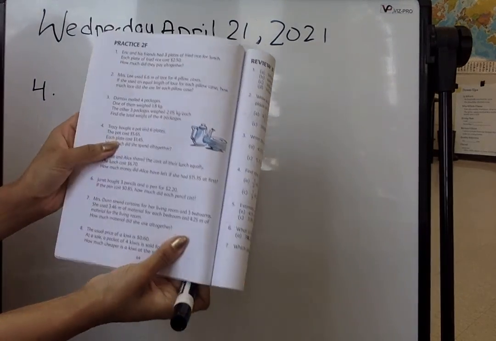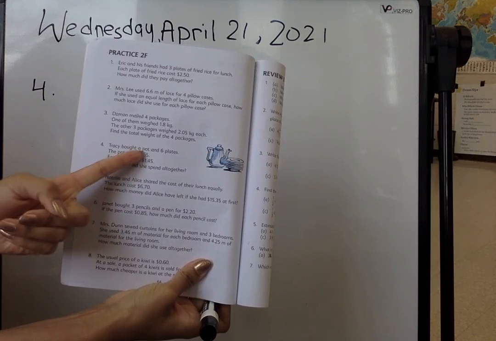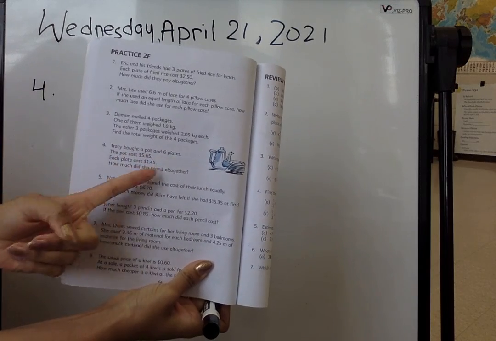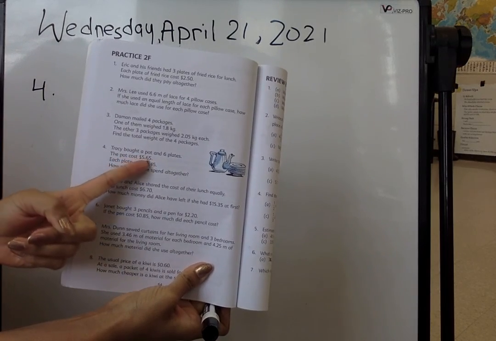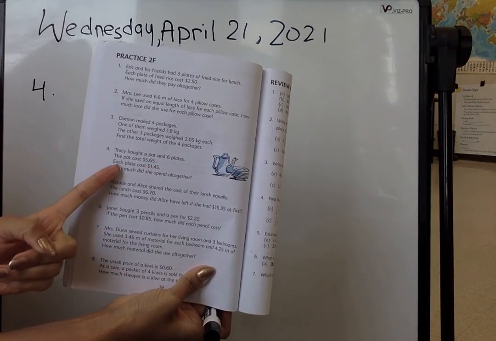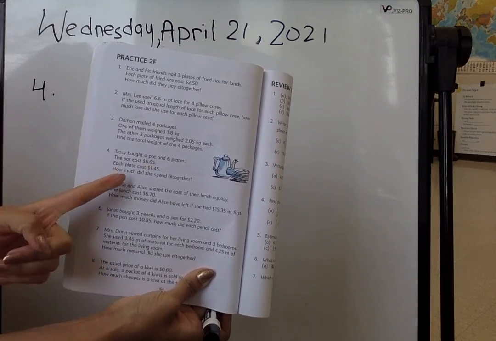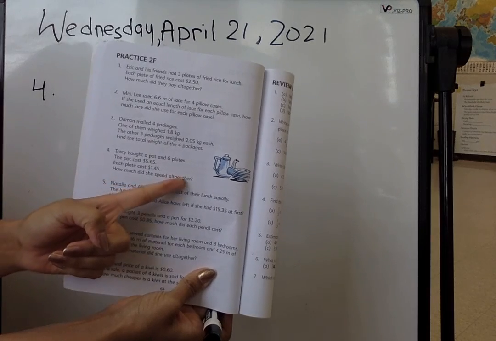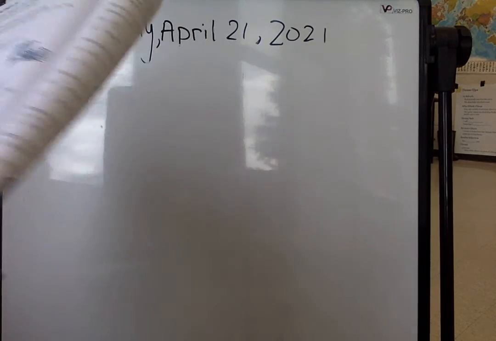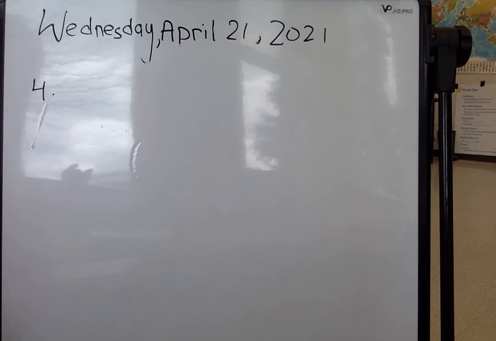Question 4 says, Tracy bought a pot and 6 plates. The pot cost $5.65. Each plate cost $1.45. How much did she spend all together? Okay, so we know that she bought, how many pots did she buy? Tracy bought a pot and plates.